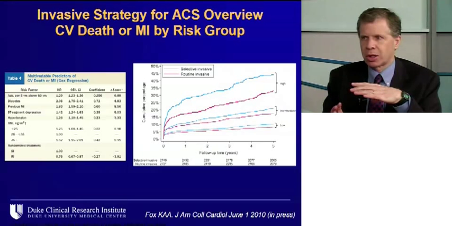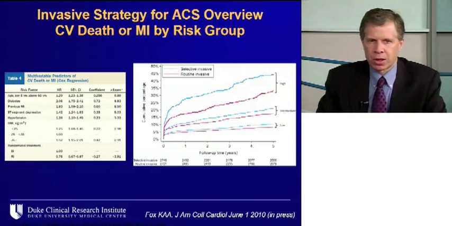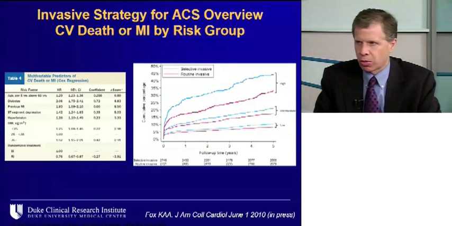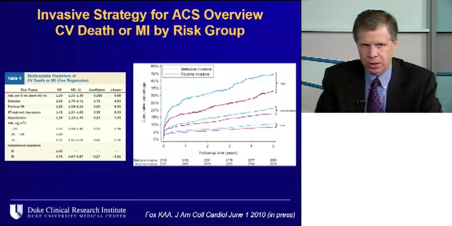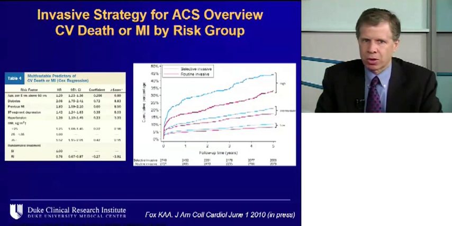that took the trials that randomized patients with acute coronary syndrome to a routine invasive versus a selective invasive strategy and did an individual patient-based meta-analysis. And then did a variety of analyses, including looking at what the risk factors are that predict outcome, in this case death and MI. And diabetes, interestingly, was the second most important predictor of risk.